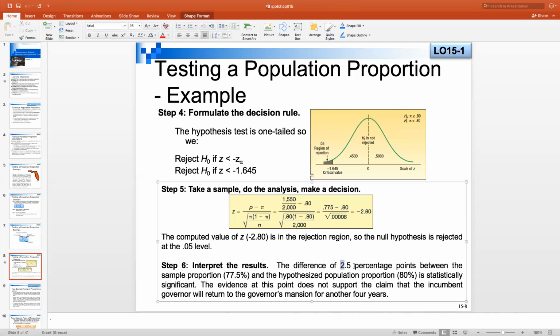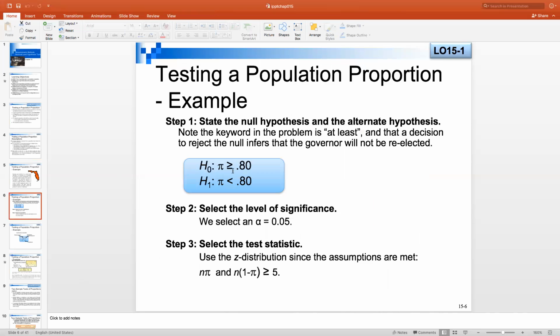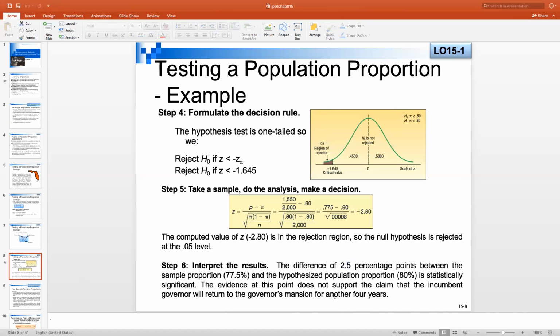So the 2.5 percentage points between the sample and the population proportion is statistically significant. Okay. Now, we can say that because we have rejected the null hypothesis, so we can therefore conclude that there is a difference.